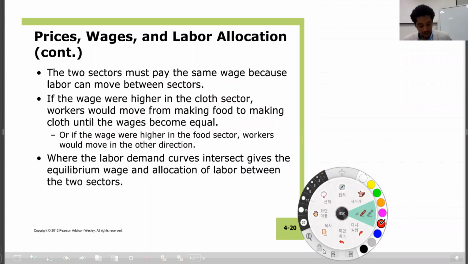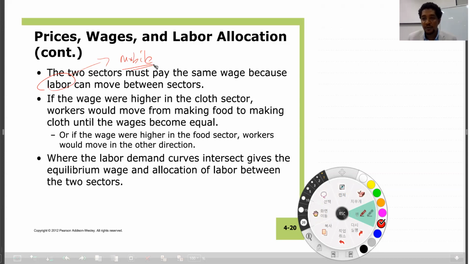So the two sectors must pay the same wage because labor can move between sectors. As we have said, labor is mobile. Mobile in the sense that we can move some labor from food and use it for production of clothes. Just assume that in South Korea we have a company that only produces clothes and food.